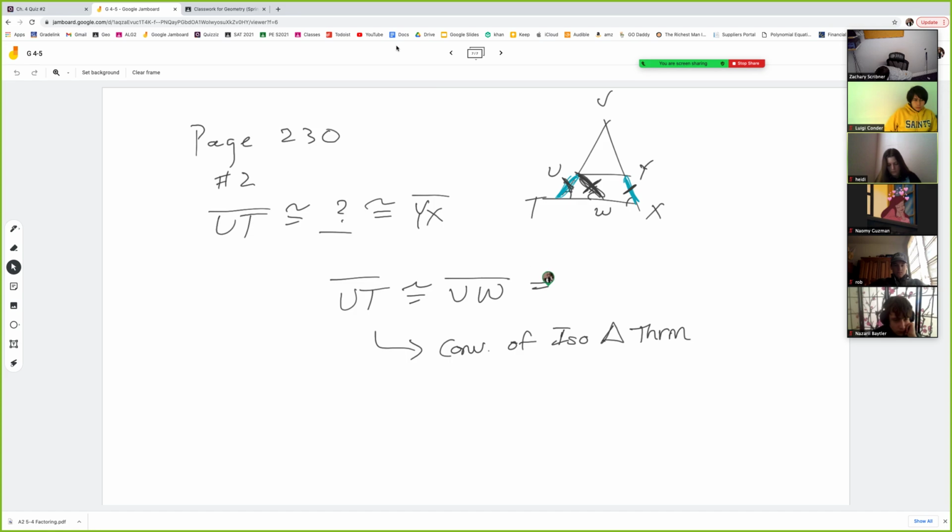Then we can say this is congruent to YX, right? And if I asked you why, the answer would be it's given. In the triangle, they gave you these two sides are congruent. Again, my drawing isn't drawn to scale, but hopefully you guys can see it in your book and you can get the gist.